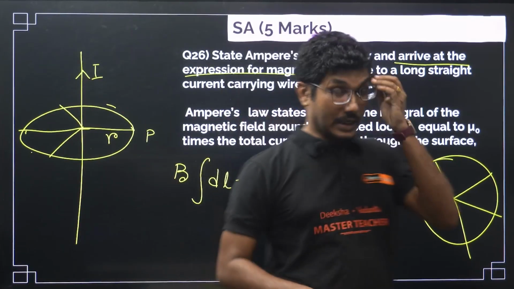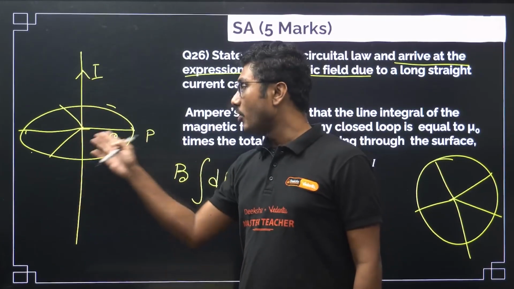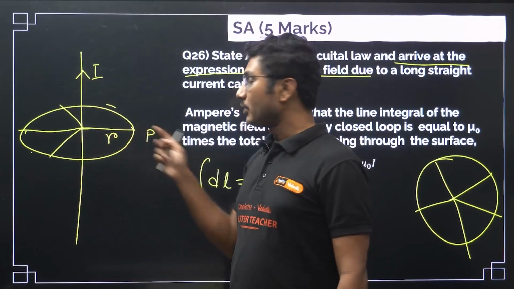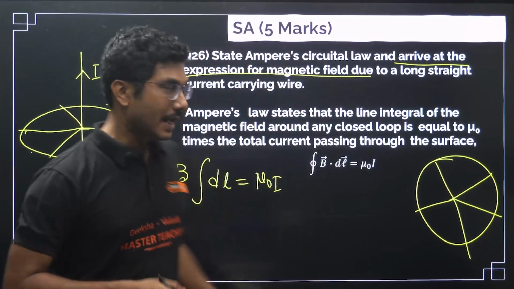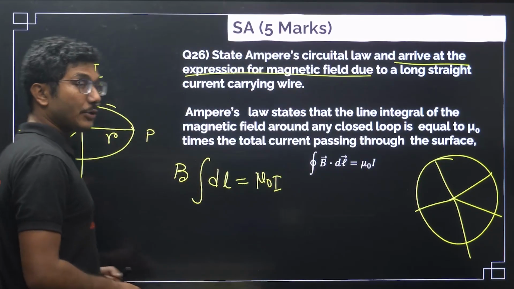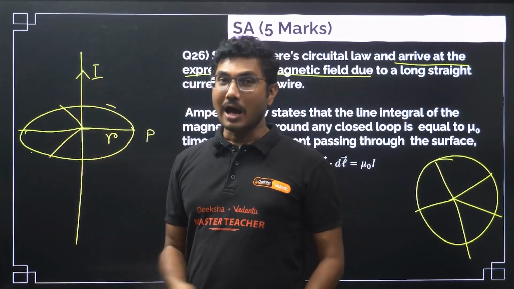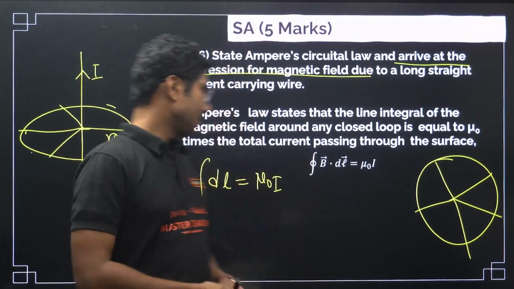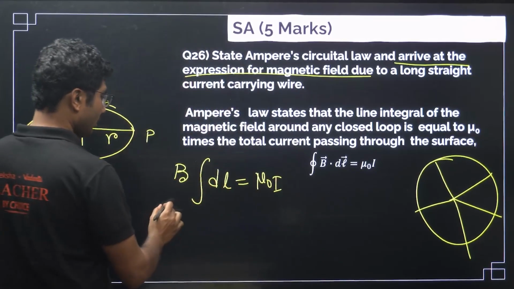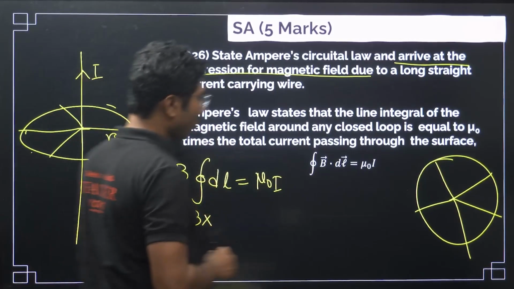Okay. For the current carrying wire, let us construct a circular Amperian loop of radius r. We are trying to find the magnetic field at a distance r from the wire, and the diagram is obviously compulsory. Now, due to circular symmetry, the magnetic field is constant at all points on the loop, then we can write B into the closed integral of dl.